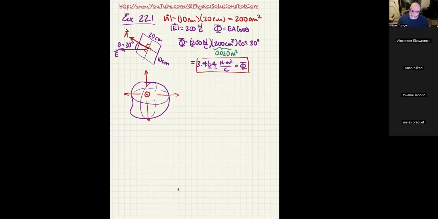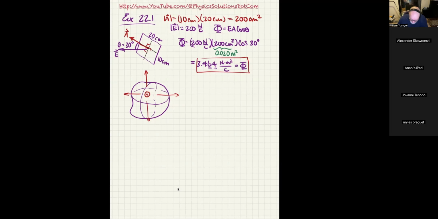Well, that stands to reason that if you actually submerge the single plus Q charge inside of a kidney bean shaped area like that, then you expect the number of field lines to pierce the surface of the kidney bean to be directly proportional to the charge. And that would be exactly right.